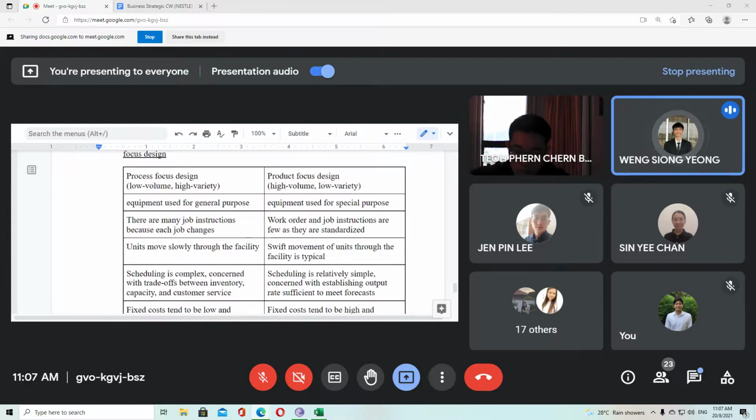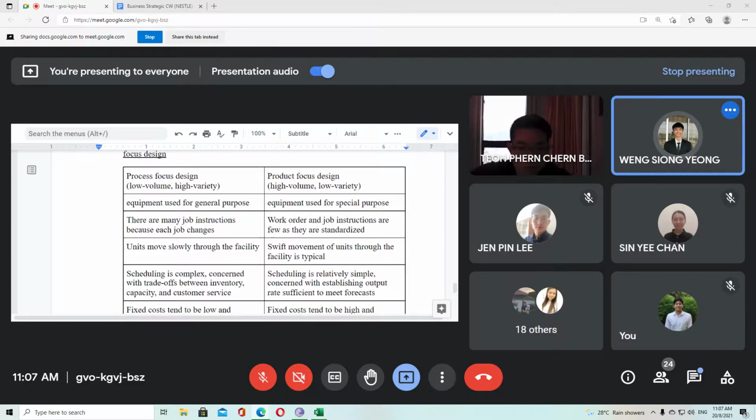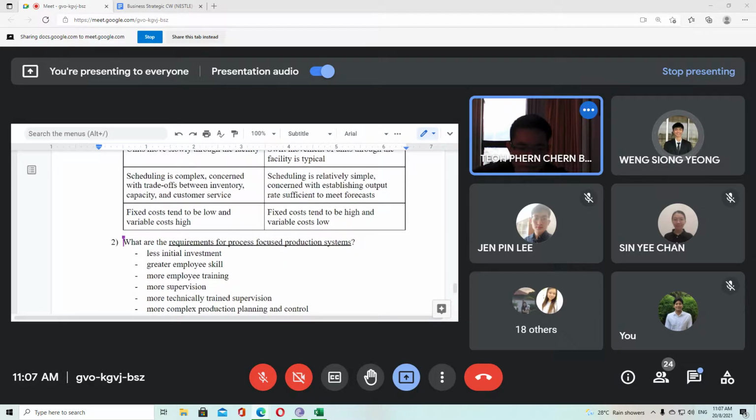In product focused design, scheduling is relatively simple, concerning an established output rate sufficient to meet forecast. Process focused design has fixed cost tending to be low and variable cost high. And product focused design has fixed cost tending to be high and variable cost low. So that's all for question one.